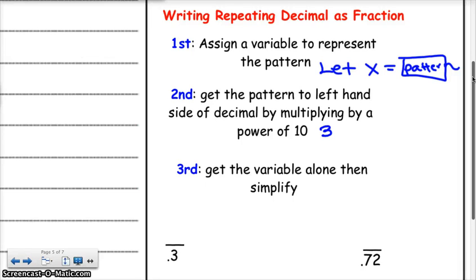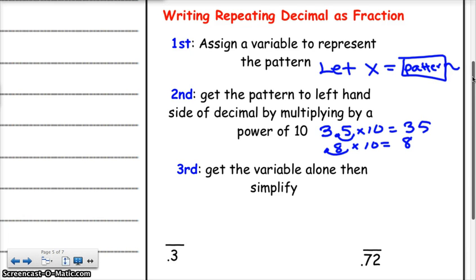For instance, 3.5 times 10, I'm just moving this decimal one spot, it turns into 35. 0.8 times 10, I'm just moving this decimal one spot, and my final answer is 8. So I use that strategy to move my decimal to get the pattern to the left-hand side. And then I get the variable alone.